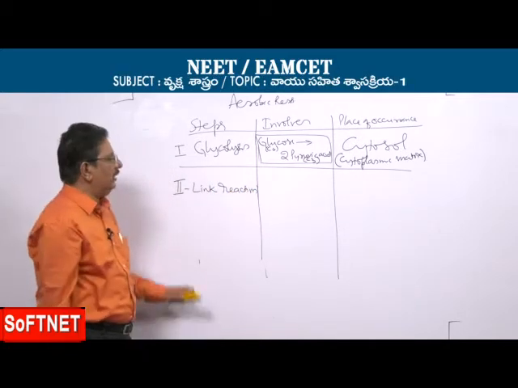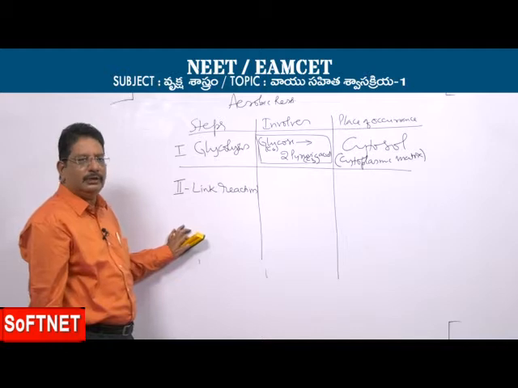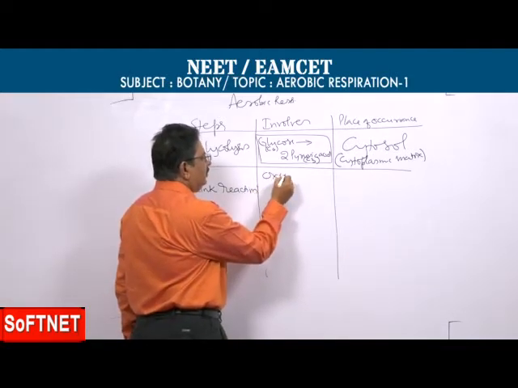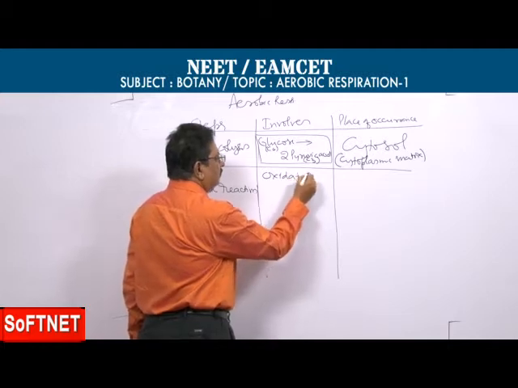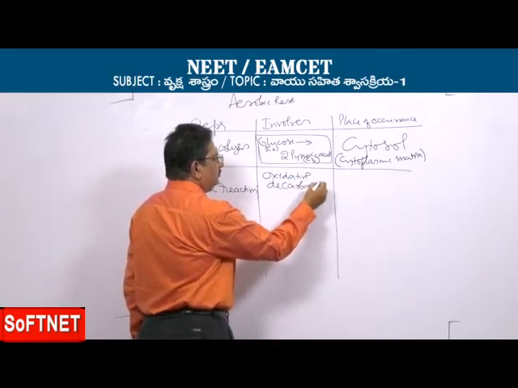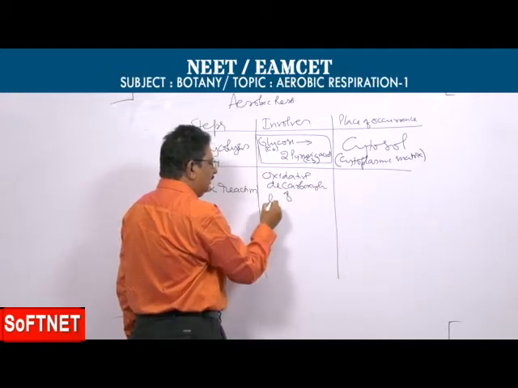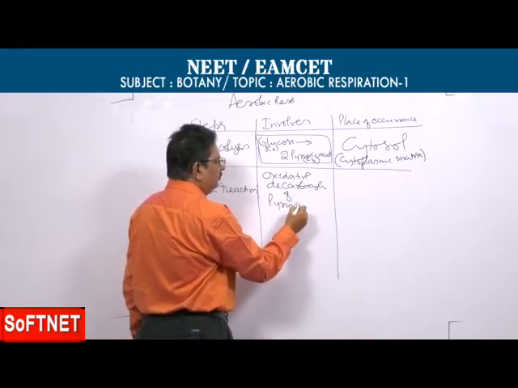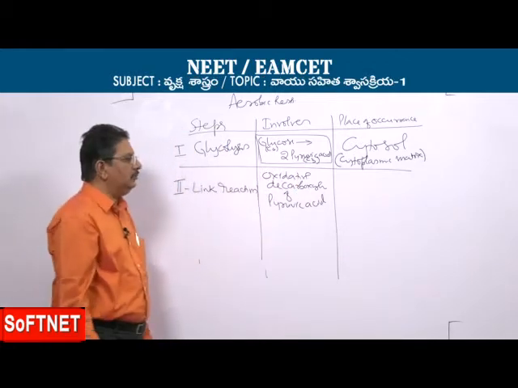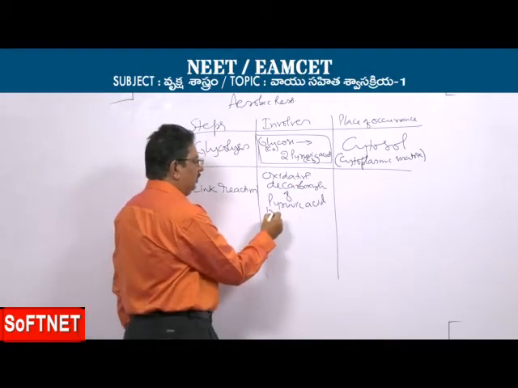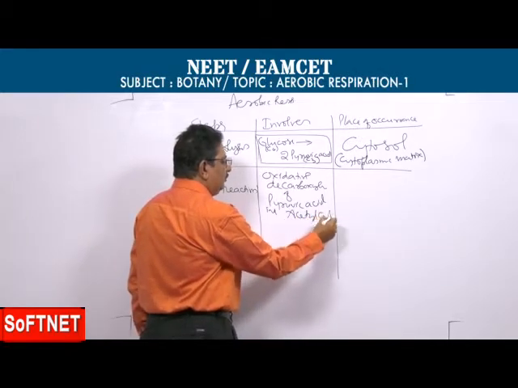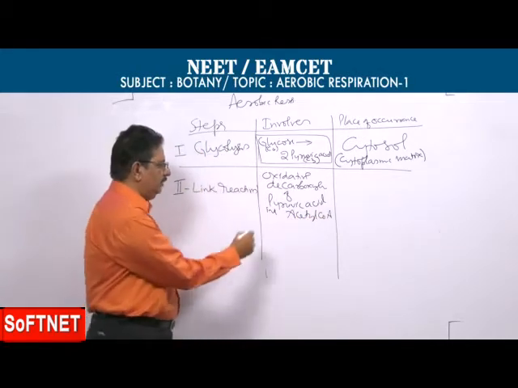The link reaction is the second step in aerobic respiration, which involves oxidative decarboxylation of pyruvic acid into acetyl coenzyme A. So, let it be like this.